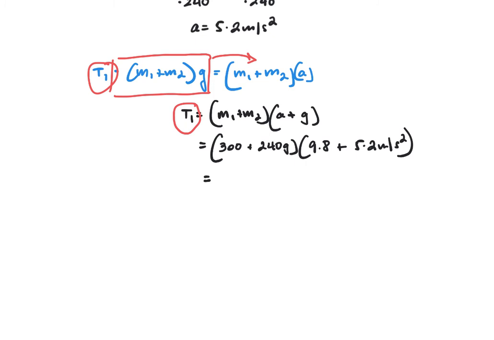This comes out to be 0.54 kilograms times, let me get the value of that real quick. Okay, so when you add 9.8 plus 5.2, you get 15. Don't worry about the variables, just get the answer at the end. So when you multiply 15 times 0.54, you get 8.1 newtons.